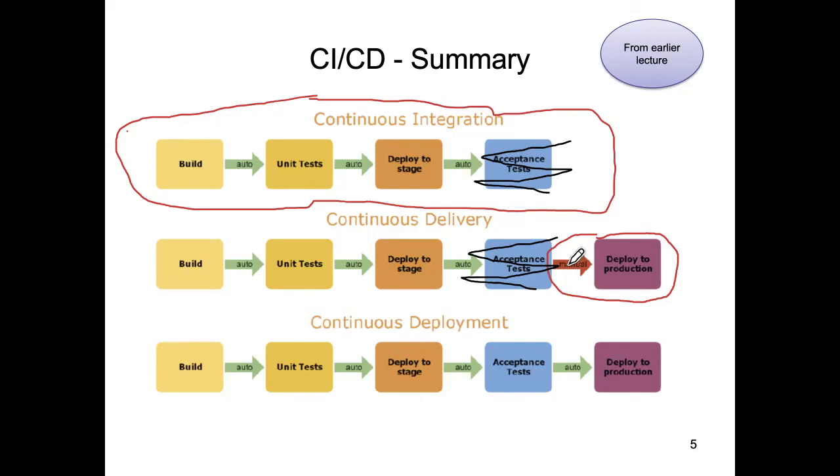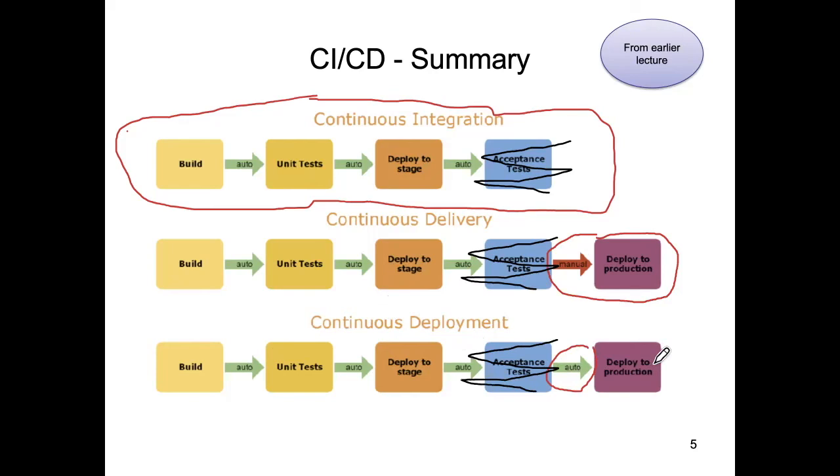And finally, continuous deployment. The only difference is, again, we're ignoring this part of our diagram. The only difference is here, once our application has successfully deployed to a staging environment, then automatically it will deploy to the production environment as well.